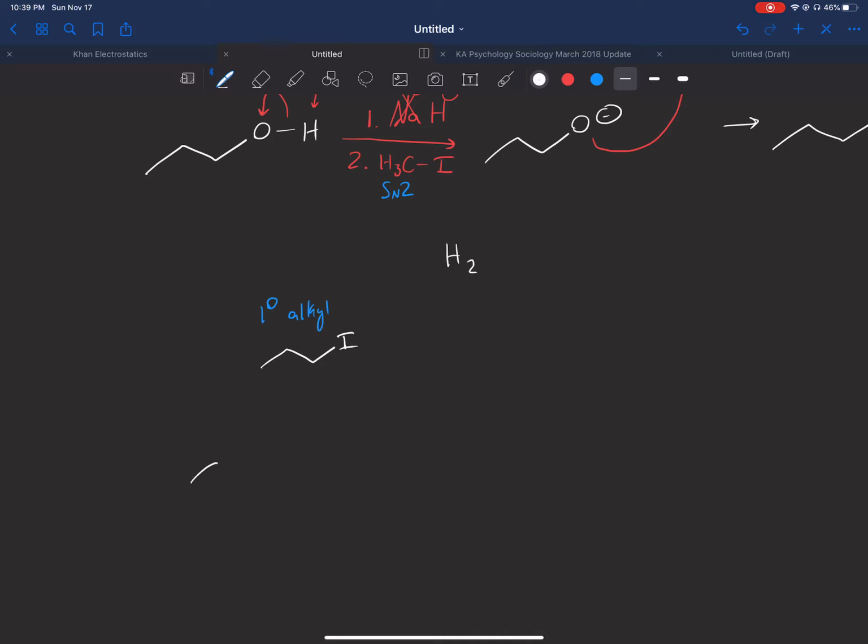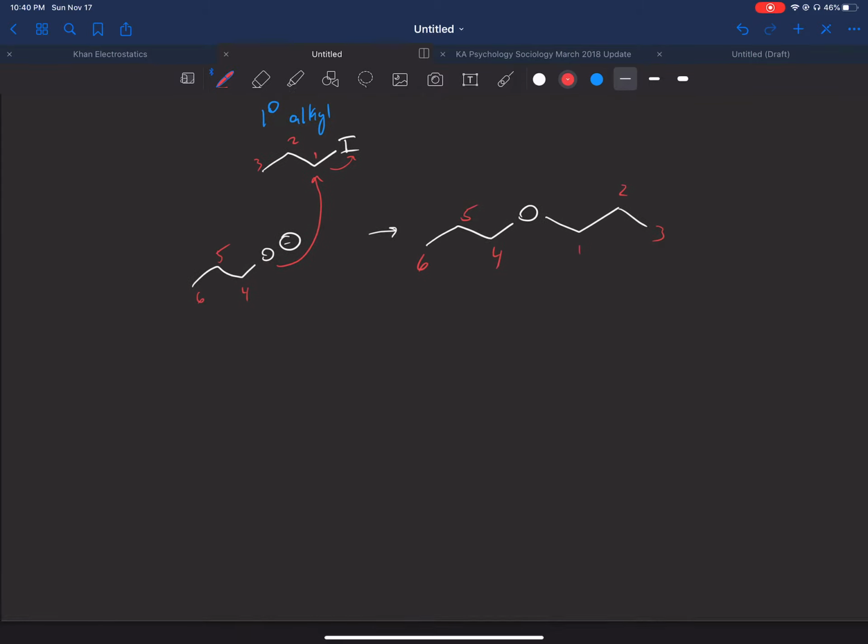How would this look? We again have O minus, which attacks this carbon, kicking out the iodine, giving us this right here. Just count the carbons: 1, 2, 3, 4, 5, 6. We had 1, 2, 3, 4, 5, 6. So that's another way: we can use a primary alkyl halide.